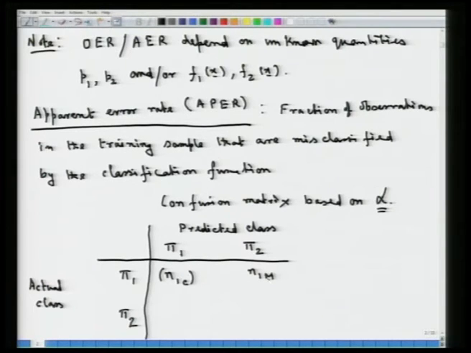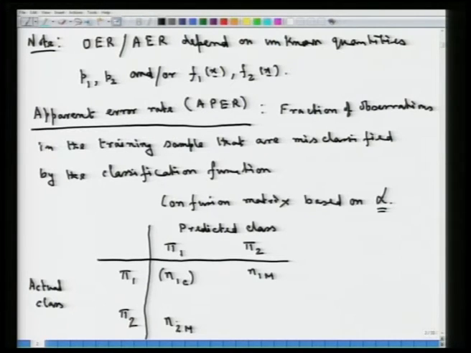Now, N1M is the number of observations coming from the first population that are there in the learning sample, and by the classification function they are misclassified into the pi 2 population. So, this is the notation. Now, similarly we can define this as N2M.